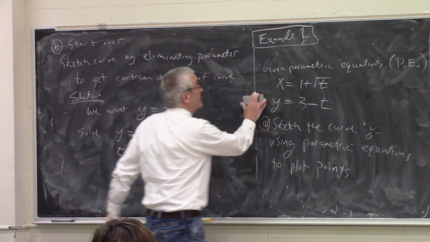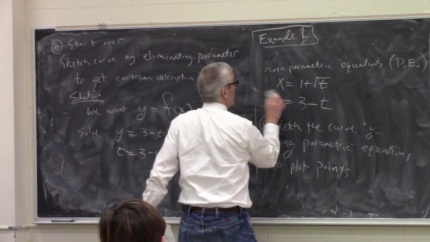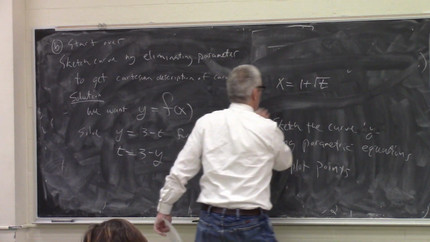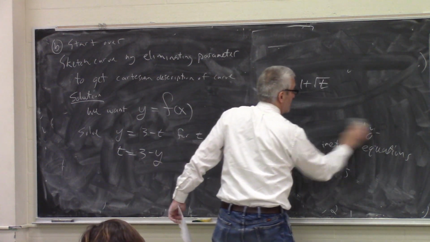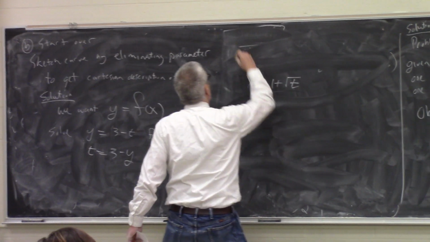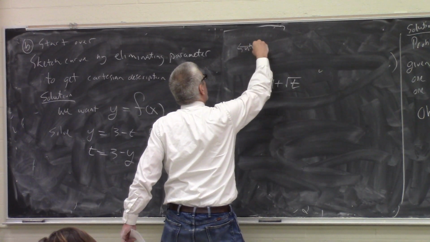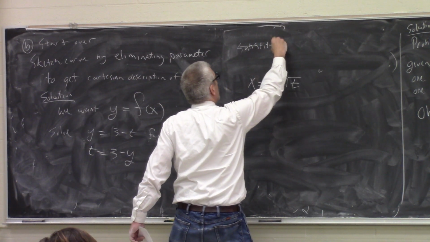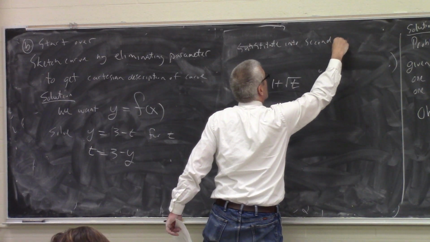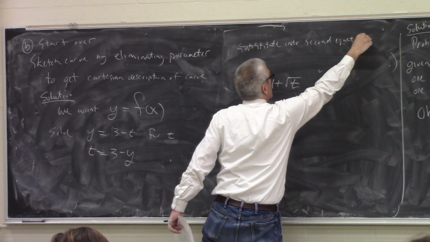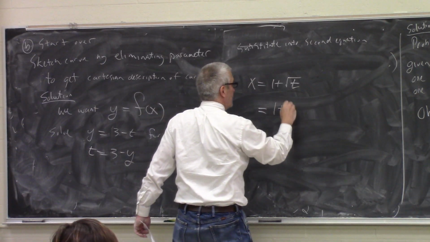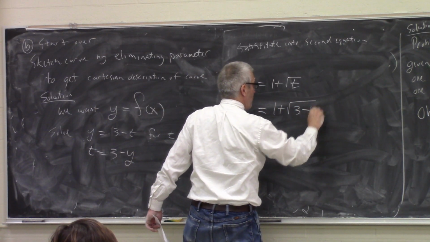And then I'm going to substitute that into the first equation. So x is 1 plus square root of t, so 1 plus square root of 3 minus y.